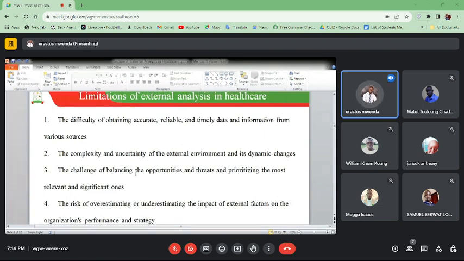And then it goes ahead to affect us even more. It could contribute to us losing some clients, some patients, and that is going to lead to a decrease in the levels of income that we generate as healthcare organizations.